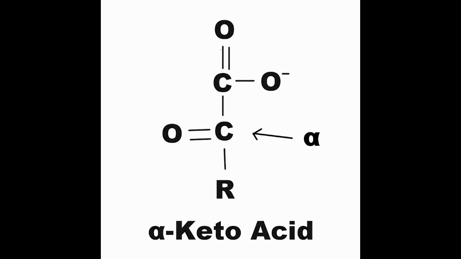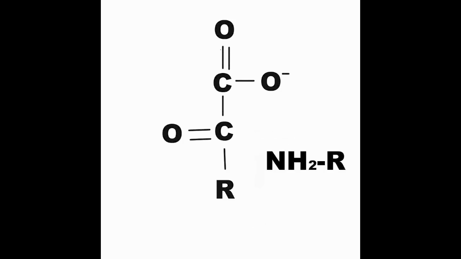In an alpha keto acid, the alpha carbon has a carbonyl group. Now imagine an amino group attached to a different organic molecule. These two functional groups essentially swap places. That's an overly simplified way of thinking about it, but it can help you think about what the products of a particular transamination reaction are going to be, without memorizing the specific reaction.